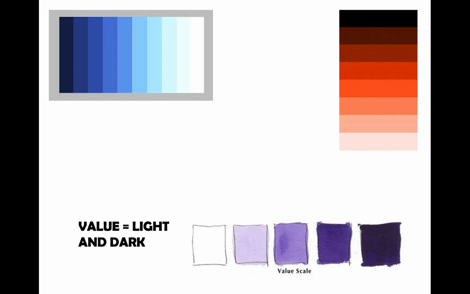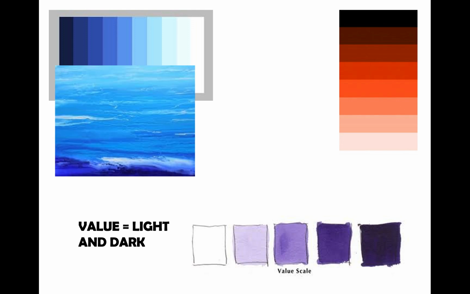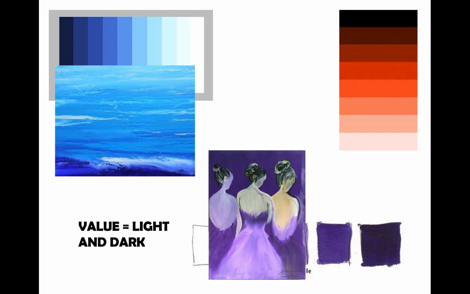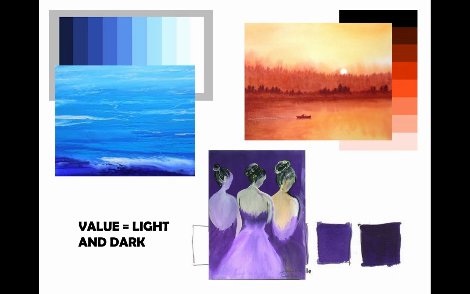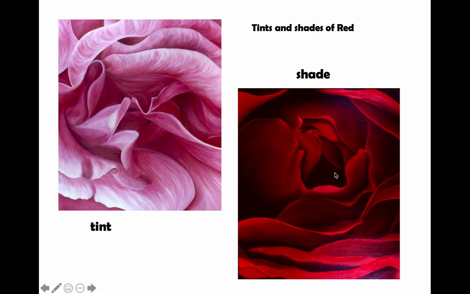Then there's value, and that refers to the lightness and darkness of a color. The value of a color can change by adding white or adding black. Here we see a variety of blues and a variety of purples and of oranges. There are tints and shades.